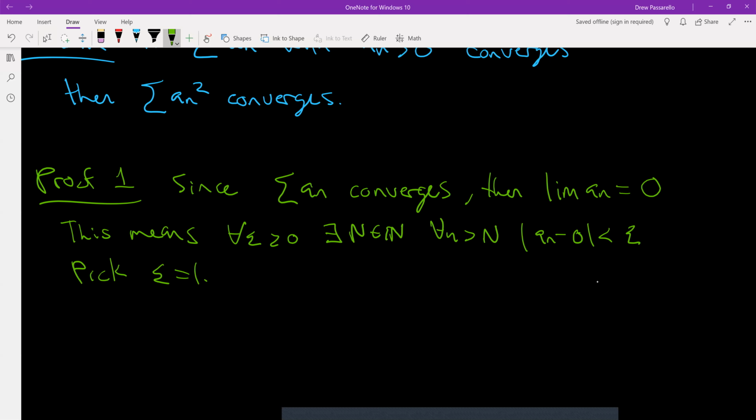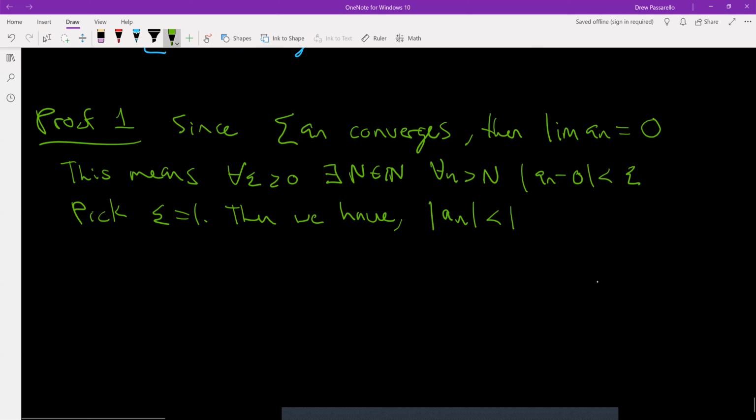So then we have the absolute value of an less than 1. Well, that means our terms, so an's positive, so an is less than 1. And so it's between 0 and 1.